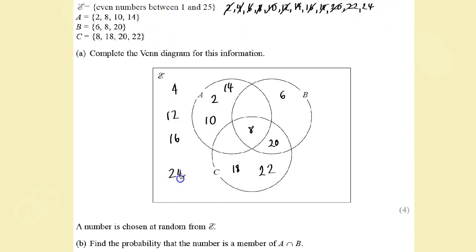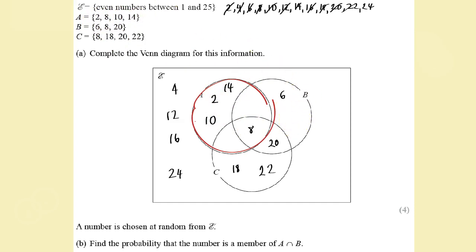Okay, so I think I've got it right, but I'm going to check that. I'm going to just look at set A and make sure that it includes all of the numbers that I expect it to include. So it should include 2, 8, 10 and 14. 2, 8, 10, 14, wonderful.